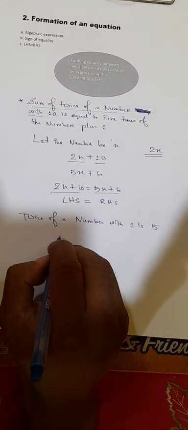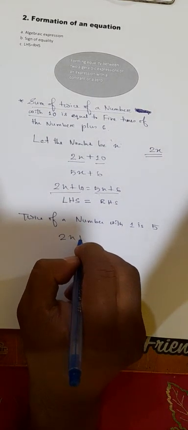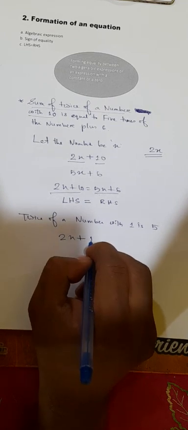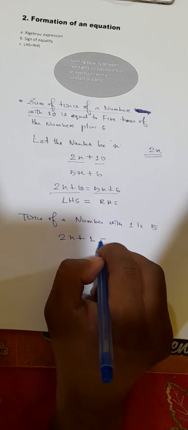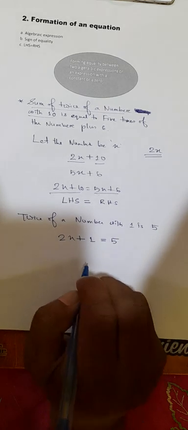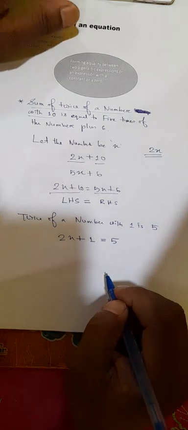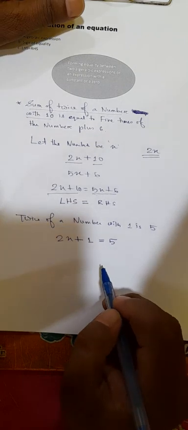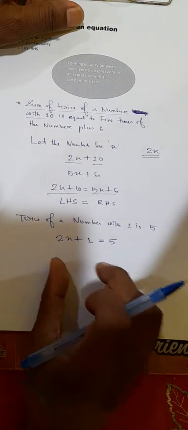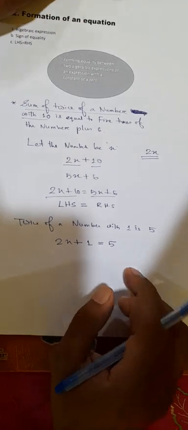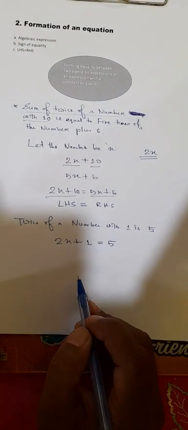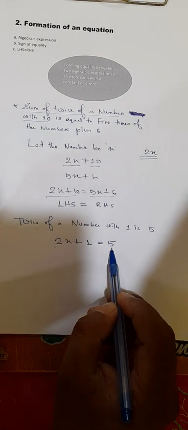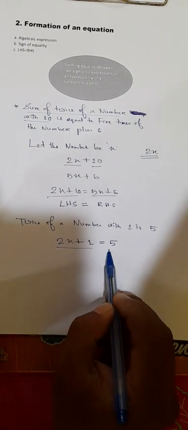Twice of the number is twice x, plus 1 means sum of the twice of the number with 1, and the result is 5. Now we constitute an equation by forming equality in between an algebraic expression and a constant, right? This time we are forming an equation by comparing an algebraic expression with a constant.